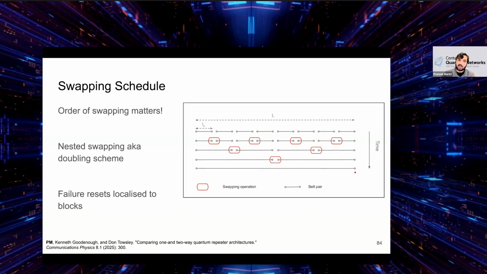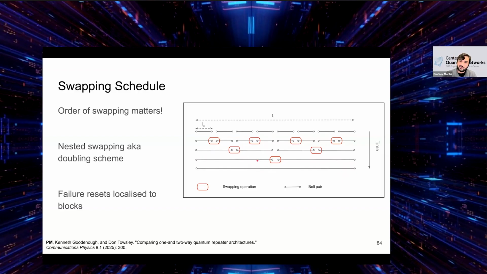Now, how does this localize our failures? Let's say we do a distillation operation at this stage, we can only fail with this half. So at most, the failure is always half of the overall risk. And if this link fails, we restart the half of this link again, while the other link, if we have good memories, can wait while we do this generation.